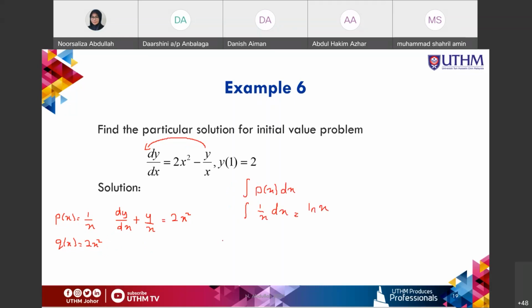So I equals to exponent ln x, which is x.